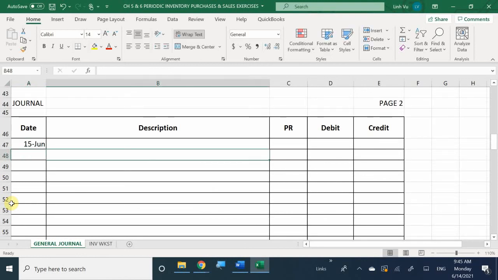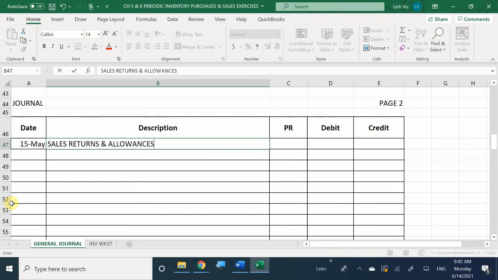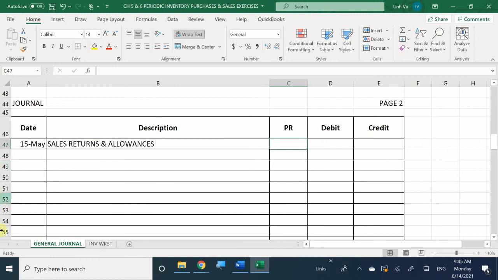So in this case, it's May 15. We have sales returns and allowances, because the customer is returning items back to us.